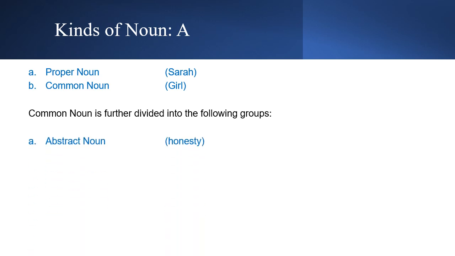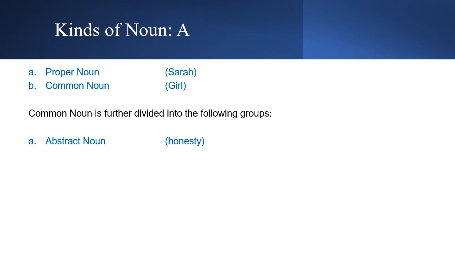So a common noun could be an abstract noun. Abstract noun is something that we cannot see, or that we cannot touch, or that we cannot taste. Simply we cannot sense that using our five senses, but we know, we can feel, we can realize.